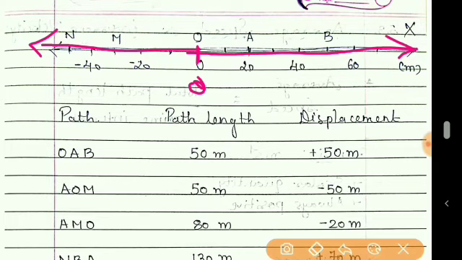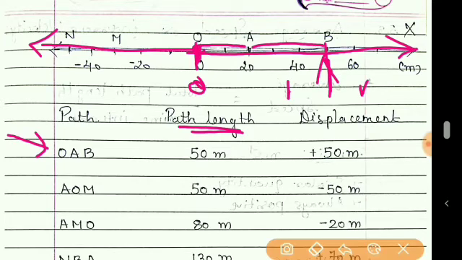Now suppose we consider this first case. If the person is moving from O to A and then from A to B, then in that case what is path length? So here you can see that the final position, which is between 40 and 60, means it will be 50.